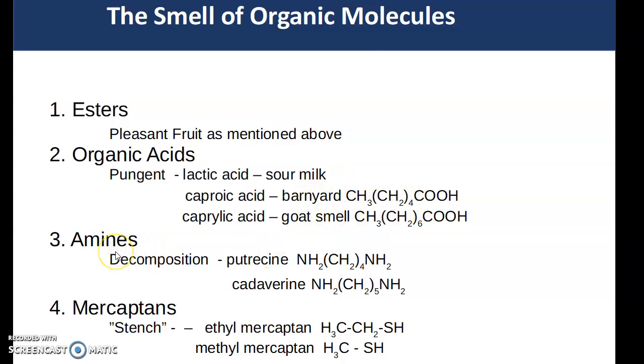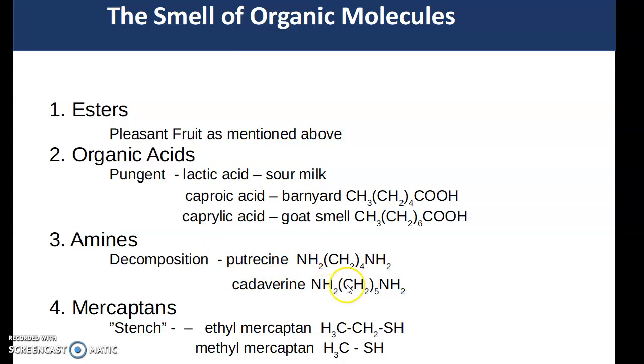Now, amines, the low molecular weight ones. If you have a diamine like this one right here, it would be 1,4-diaminobutane. But its other name is putrescine. And you can imagine what that would smell like.